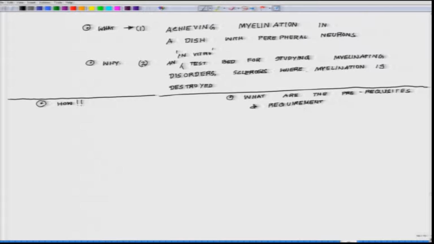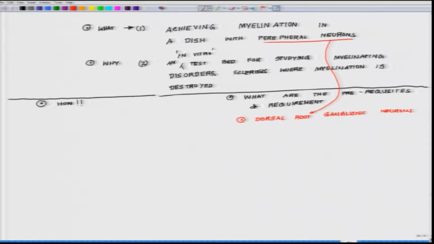Your easiest source of peripheral neurons will be dorsal root ganglionic neurons, which are sensory neurons. This is one of the prerequisites you need.